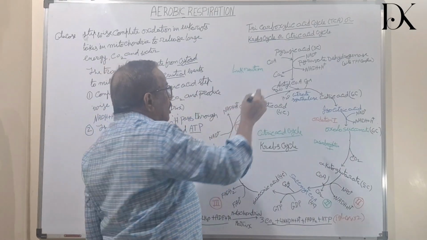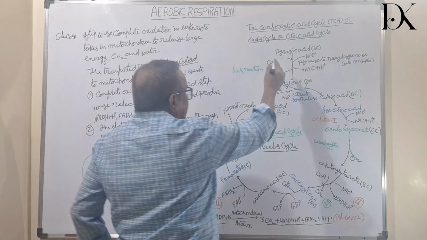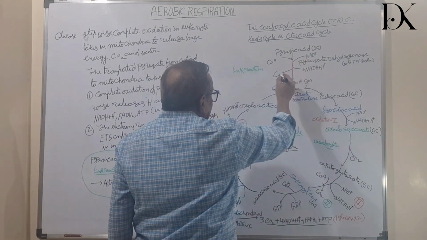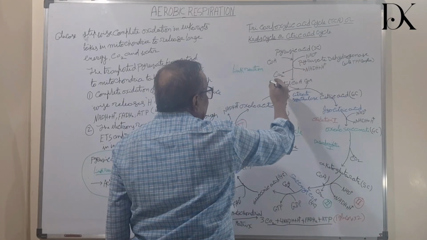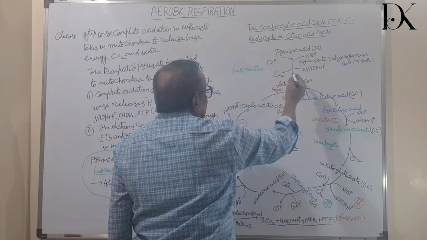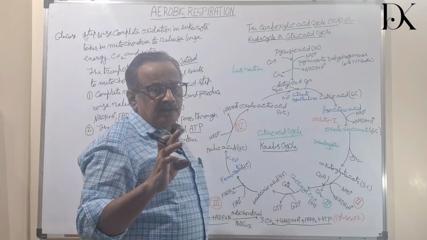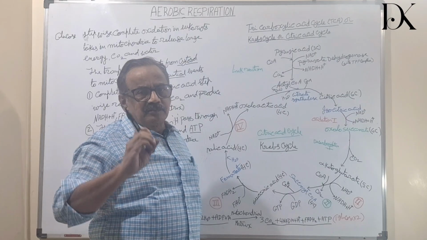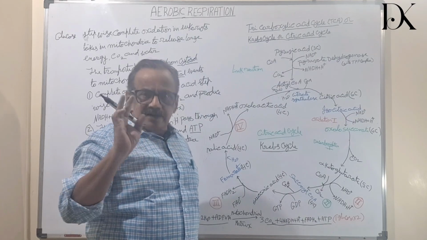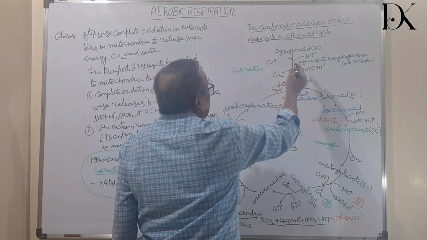We call this oxidative decarboxylation, because pyruvic acid is oxidized and carbon dioxide comes out. Oxidative, decarboxylation and pyruvate dehydrogenase: please remember all these names. Otherwise, after this video, write them on paper and read them properly. What is decarboxylation?